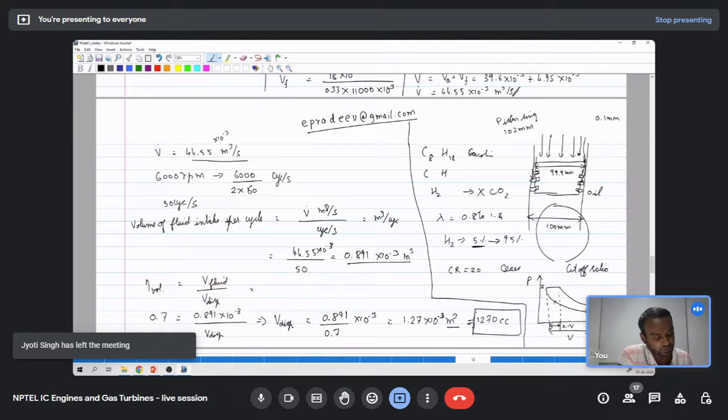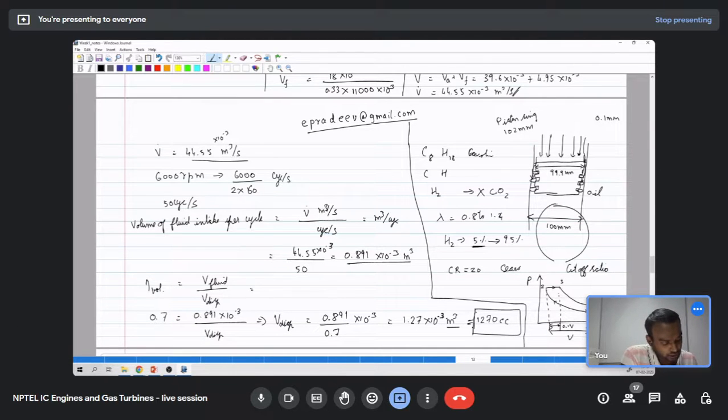Now we have heat addition between 2 and 3 at constant pressure, but the volume keeps on increasing because you add heat and then expand. After 3 you have 3 to 4 as isentropic expansion. Now the entire stroke volume is given by V1 minus V2.